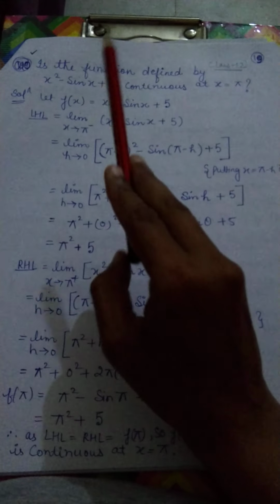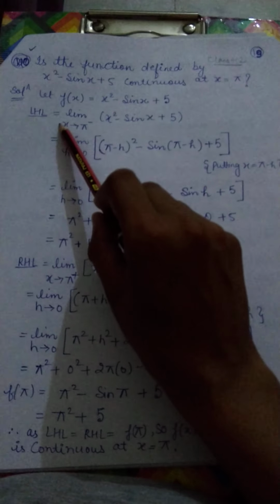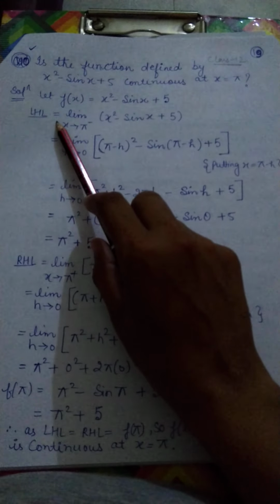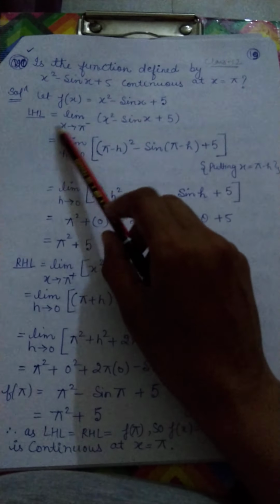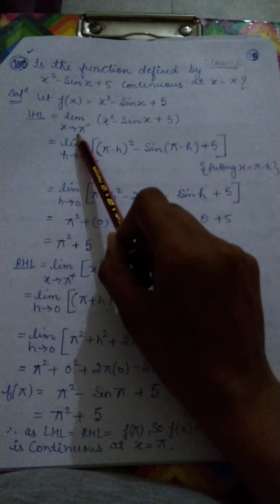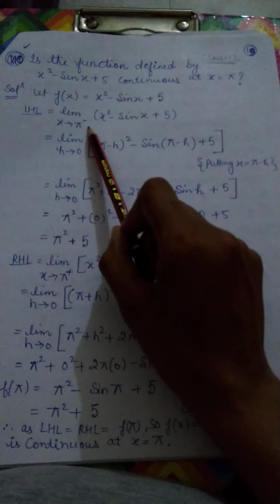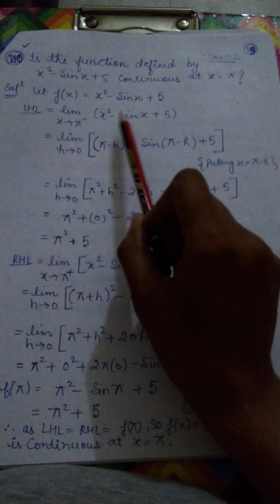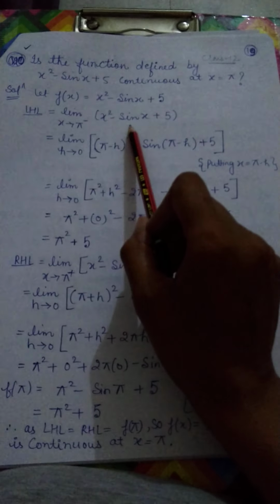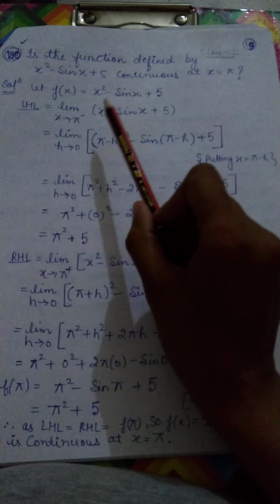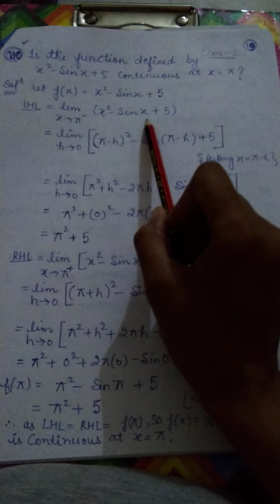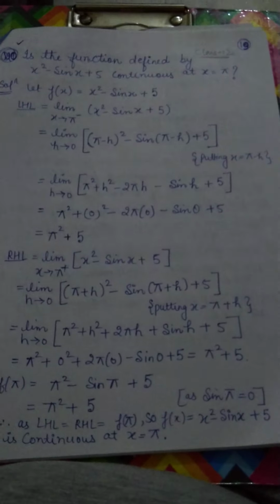So first of all I will be finding out your left hand limit, and that left hand limit will be, बच्चे, limit x tends to pi negative of x square minus sin x plus 5.